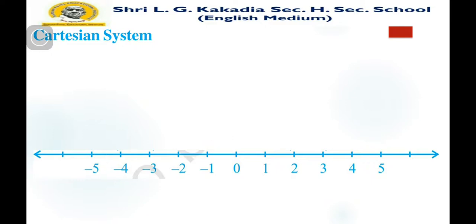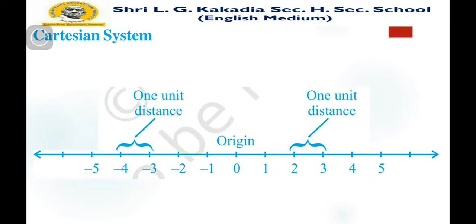And as you know, the distance between two consecutive numbers is always the same. As given in the figure, you can see that the distance between 2 and 3 is 1 unit, and between -3 and -4 is also 1 unit, and this is the origin.